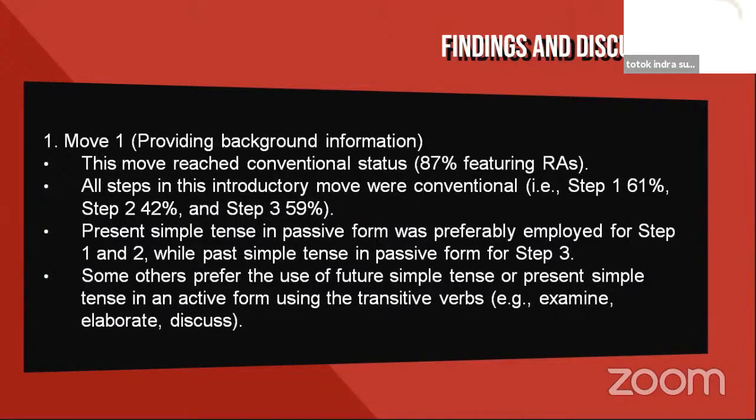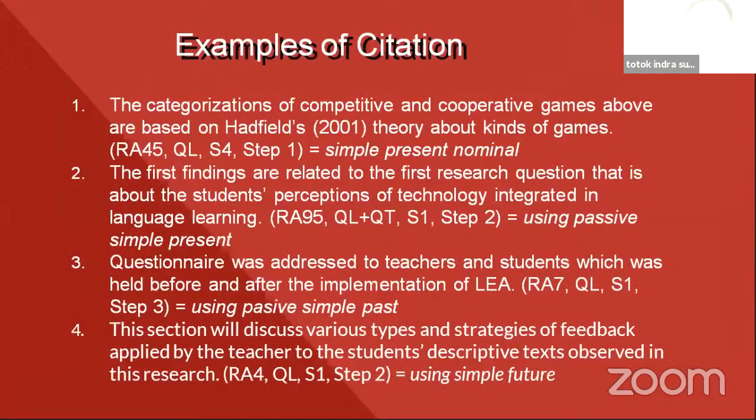So this is the finding of the study. This is an example of a citation: the categorization of the competitive and cooperative games above is based on a theory about kinds of games. They use simple present nominal. The first finding is related to the first research question, about the students' perception of technology integrated in language learning, using passive simple present.